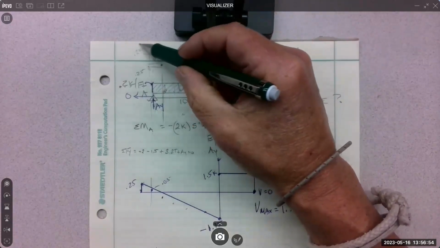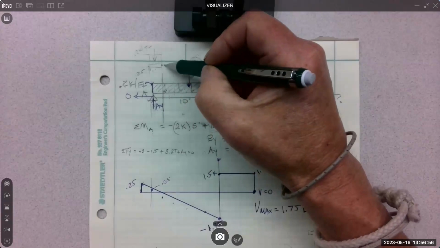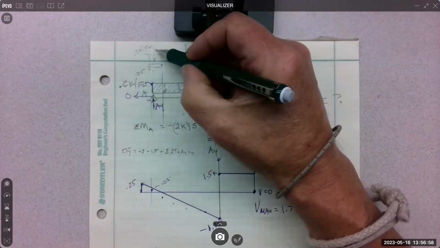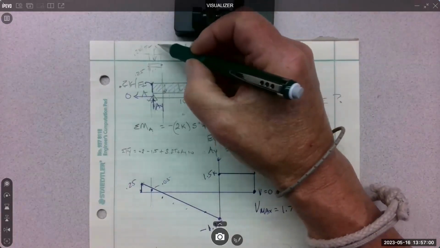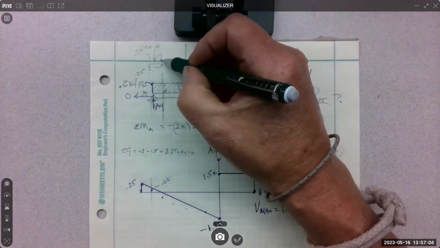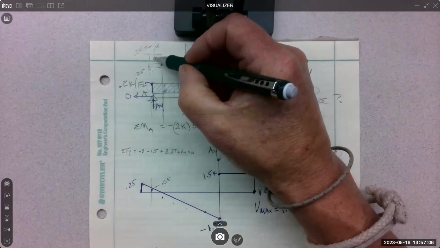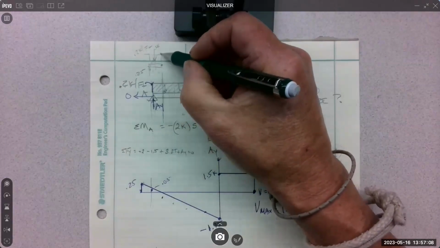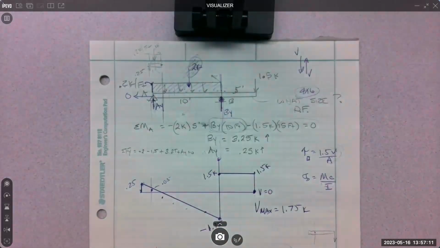So that the concentrated distribution is 0.2 times a foot, which is 0.2. Okay. And it's times a half a foot for that one. And you just have to calculate that number, this little moment on our little section of the beam, right?